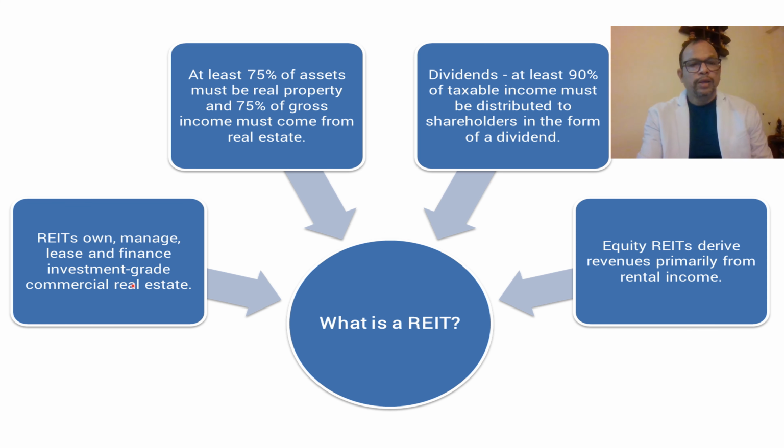At least 75% of assets must be real estate property, and 75% of gross income must come from real estate, and at least 90% of income must be distributed to the shareholders in the form of dividend. Equity REITs derive revenue primarily from rental income, because there are different types of REIT, which we'll discuss in the next slide.